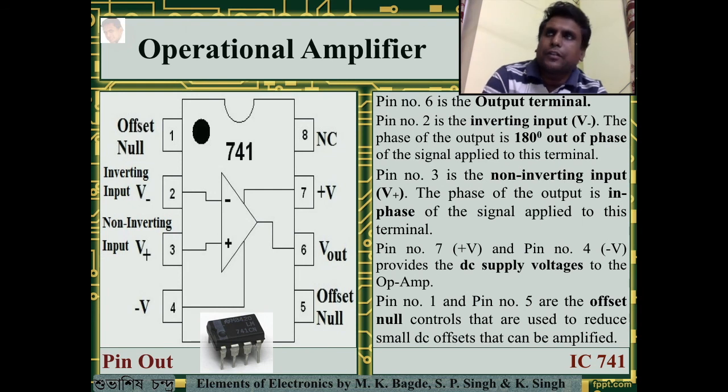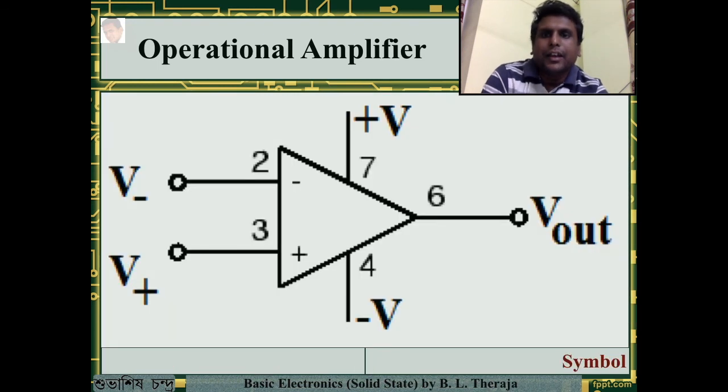They are therefore called offset null. That is, they set the voltages back to 0. Pin number 8 is not connected. This is the symbol of the operational amplifier. This will be in much use when we move on to the next tutorial.